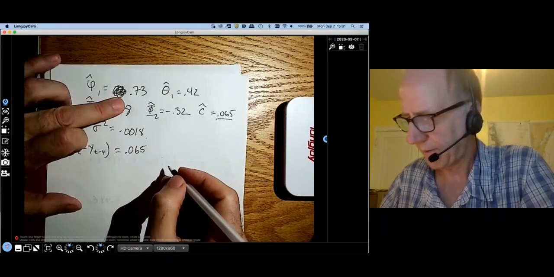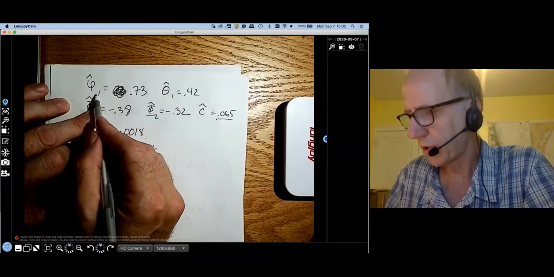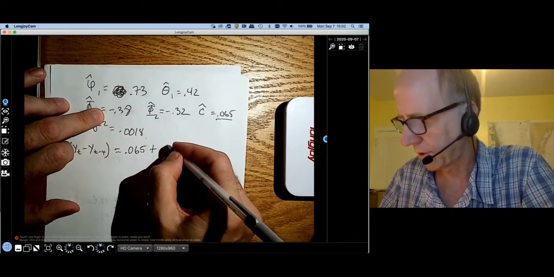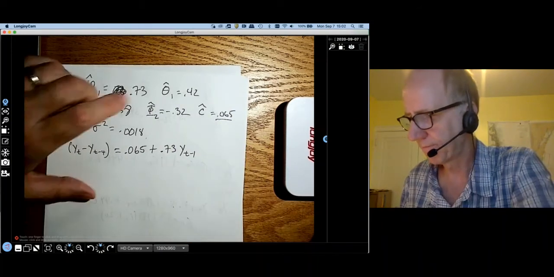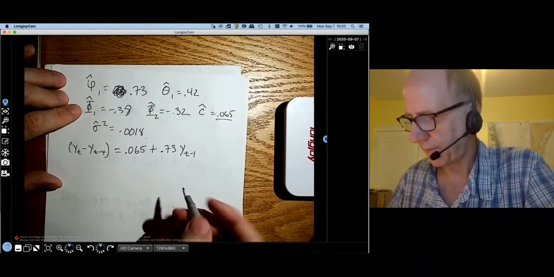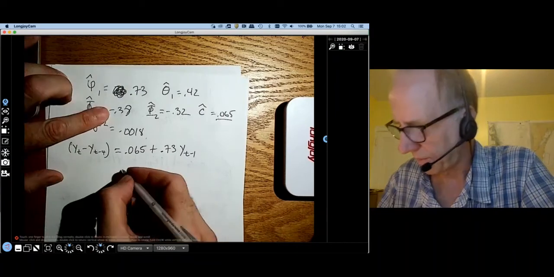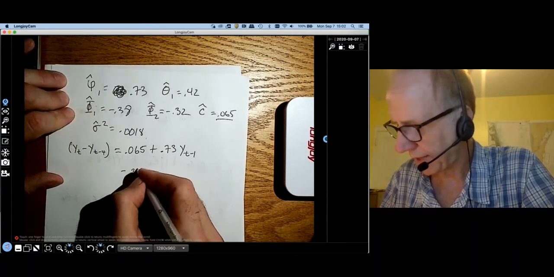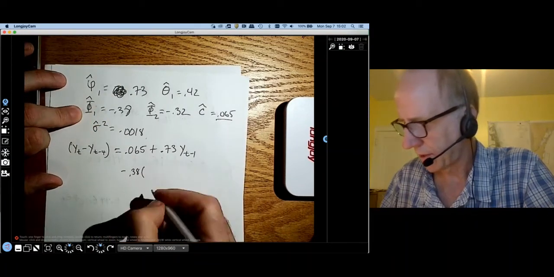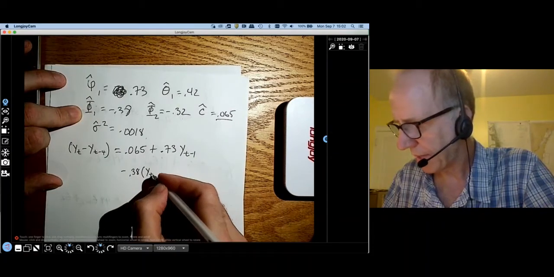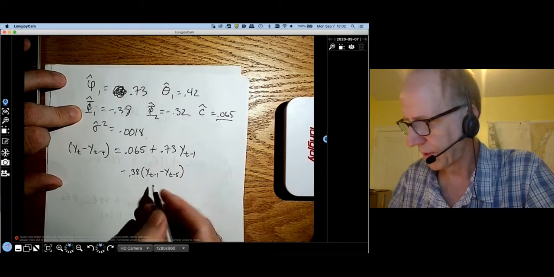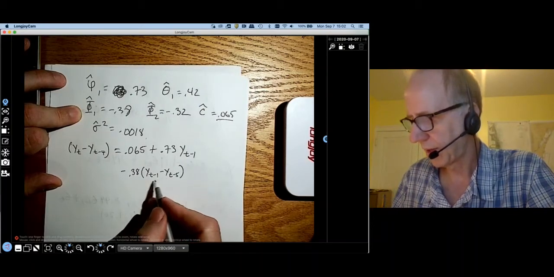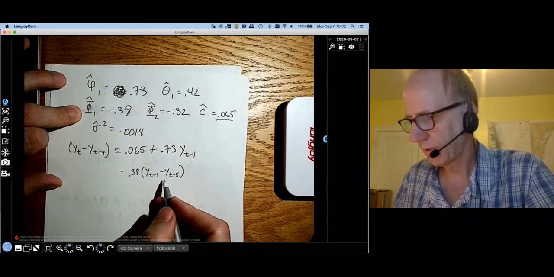Then what we have is our first order autoregressive coefficient, so 0.73 times y t minus 1. Let's put all of our terms together. Minus 0.38 times, this is going to be y t minus 1 minus y t minus 5. So think of this as the lagged seasonal difference.